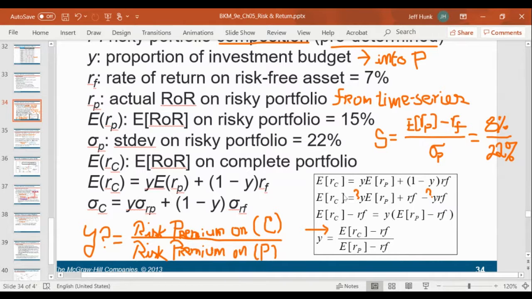Why? Because the risk premium on the risky assets, the risky portfolio, would have to be greater because it's riskier, right? Makes sense. The complete portfolio has more diluted risk because it has risk-free assets in it as one component, right?